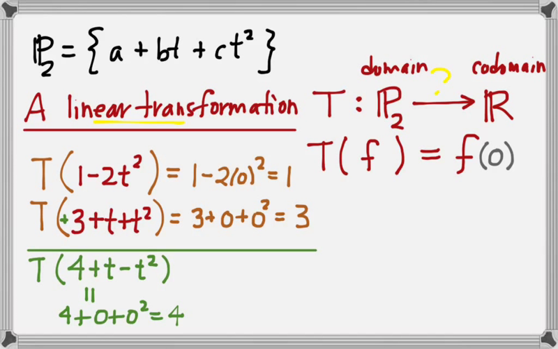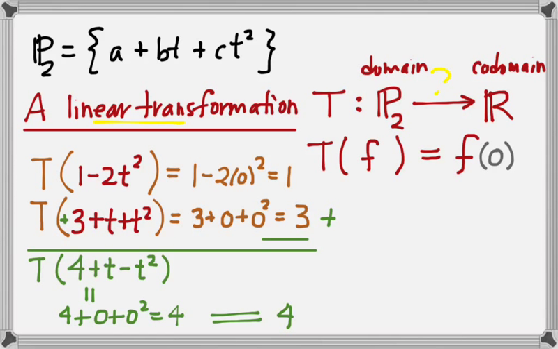But on the other hand, what would I have gotten by, instead of adding the polynomials, instead I add their images under T? The same thing, exactly. 1 plus 3 coming down this side also gives me 4. And that lends some credence to the contention that this is a linear transformation.